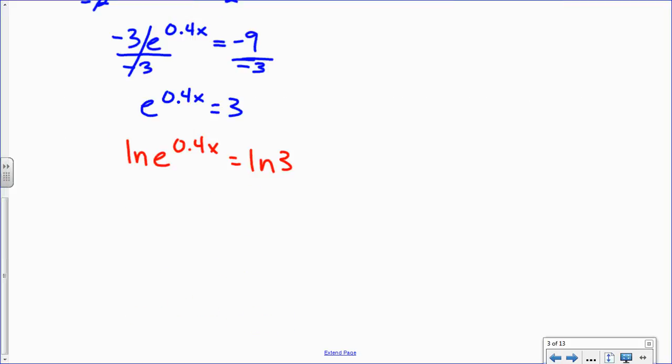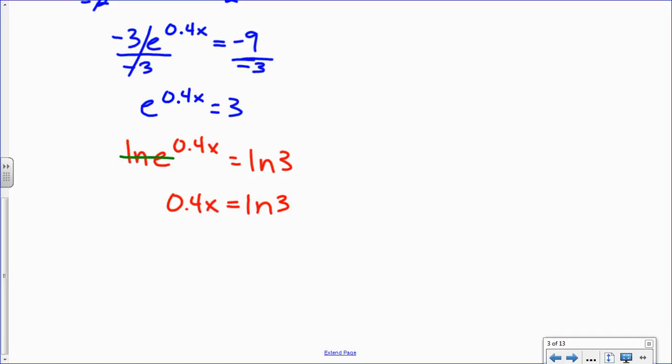So if I type in natural log of 3, I get a decimal. It's an irrational number. So I'm going to just keep it natural log 3 for now so I can keep an exact form. So those cancel. And I have 0.4x equals natural log of 3. So having natural log of 3 is kind of like having radical 3.